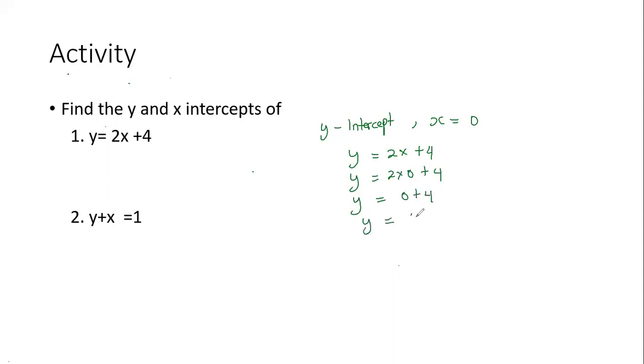My y is equal to 4. So my y-intercept is 0, 4. For the y-intercept, always the x value is 0.